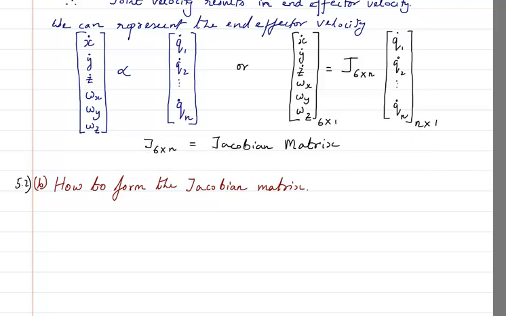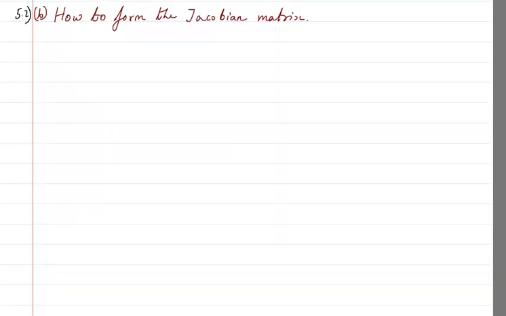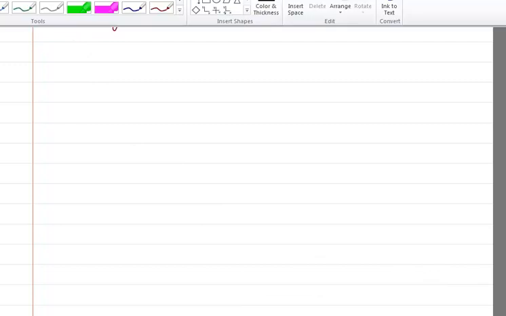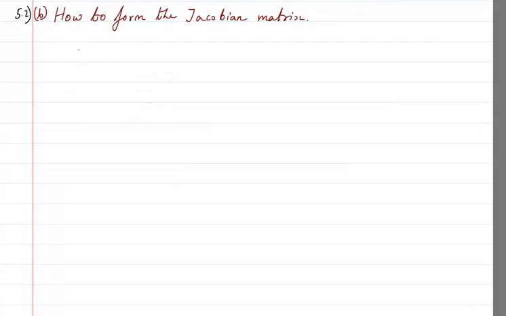Now, how do we generally form the Jacobian matrix, or what is the structure of the Jacobian matrix? To understand that, let us first try to understand the case of a linear velocity. The velocity can be represented as two parts.